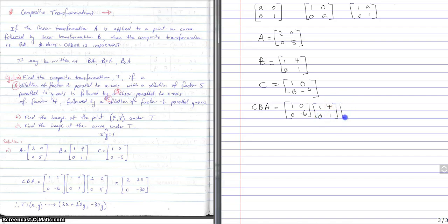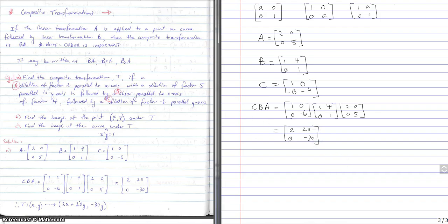And then we write our transformation A, 2, 0, 0, 5. And we need to multiply those together. As long as we write that down here, we can then put that into our calculator and multiply them together. And when we do, we get 2, 20, 0, and -30.